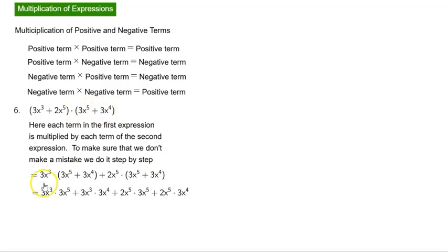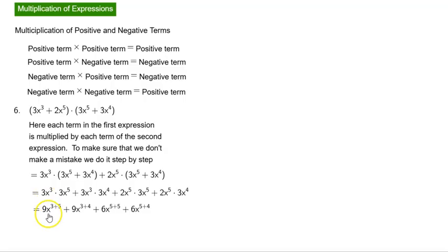Now we simplify. 3x to the power of 3 times 3x to the power of 5 plus 3x cubed times 3x to the power of 4 plus, now we distribute this over these two. 2x to the power of 5 times 3x to the power of 5 plus 2x to the power of 5 times 3x to the power of 4.